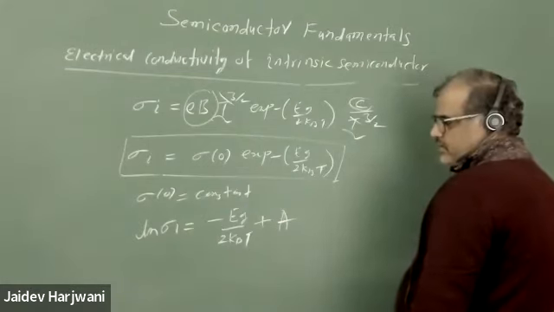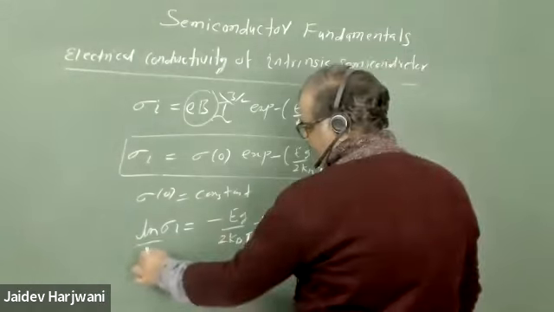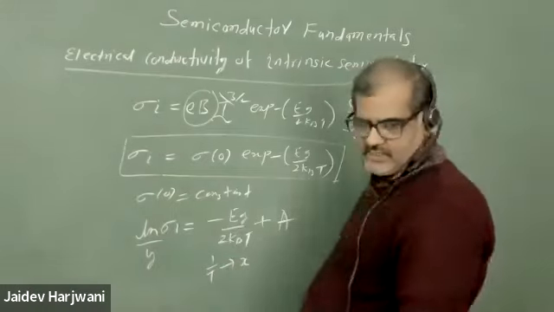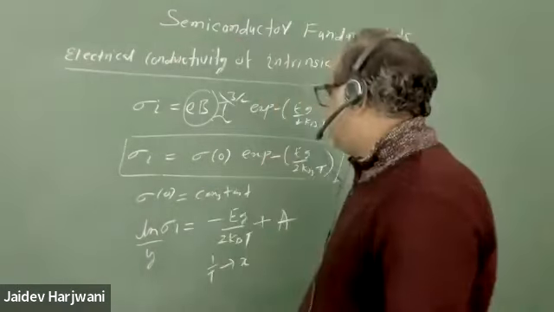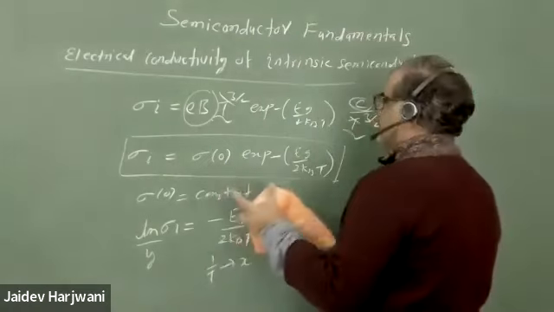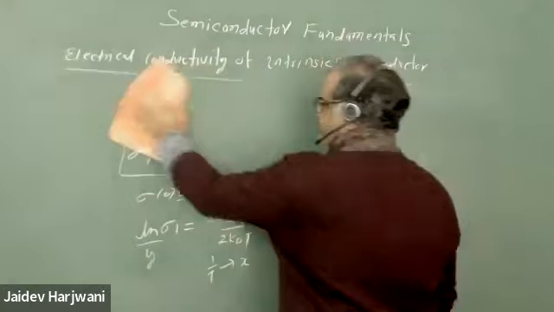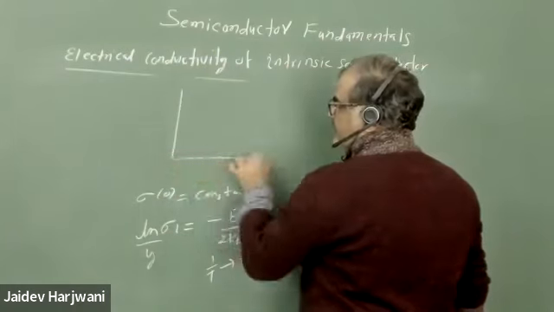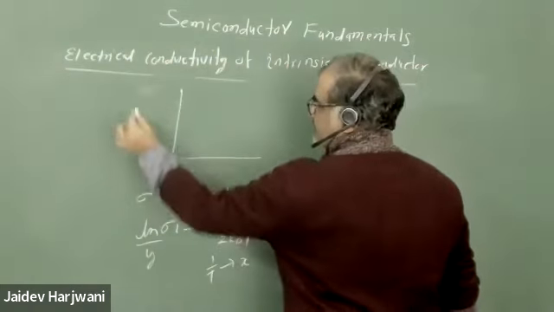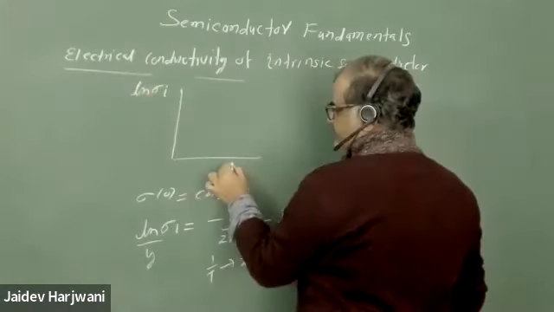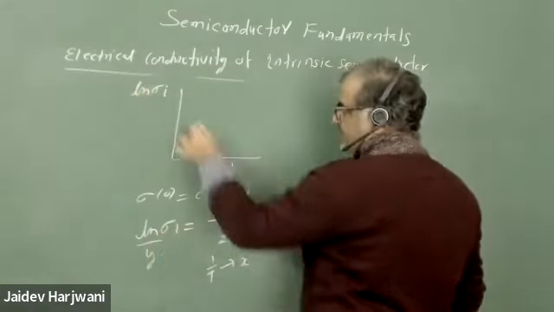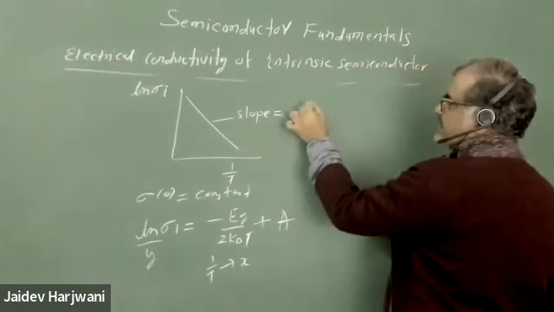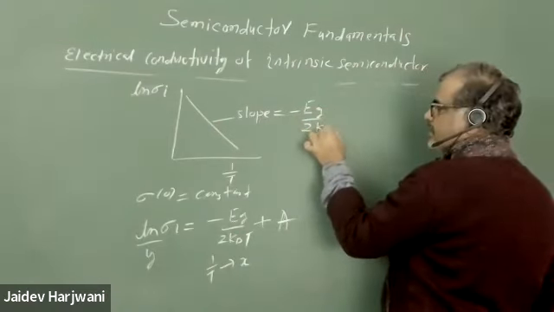So this is the equation of a line. If I say this is y, and 1 by T is x, this is an equation of a line with negative slope. So if I plot ln sigma i versus 1 by T graph, I should get a straight line with a negative slope, and the slope of this graph should be equal to minus Eg by 2 kB.